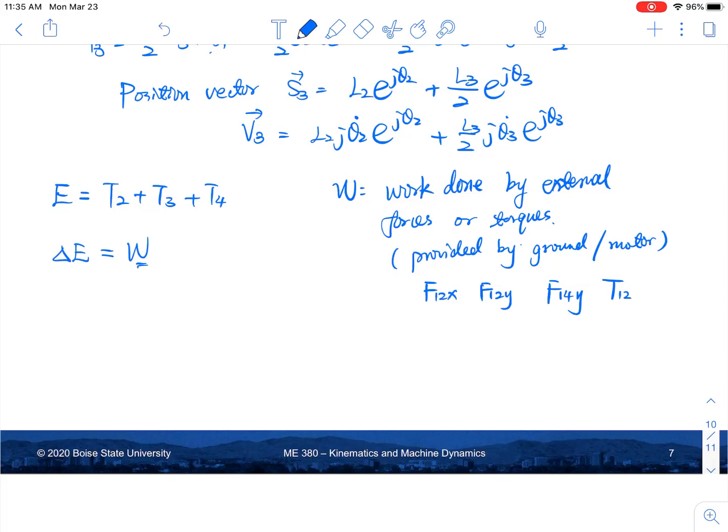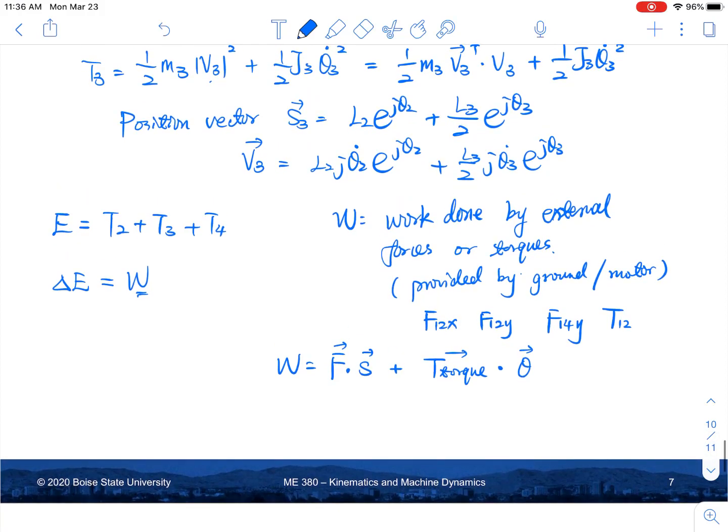So how to calculate the work? Your work is actually force times displacement, dot product, or torque times angular position. That's the definition of work. In this case, let's check each force.